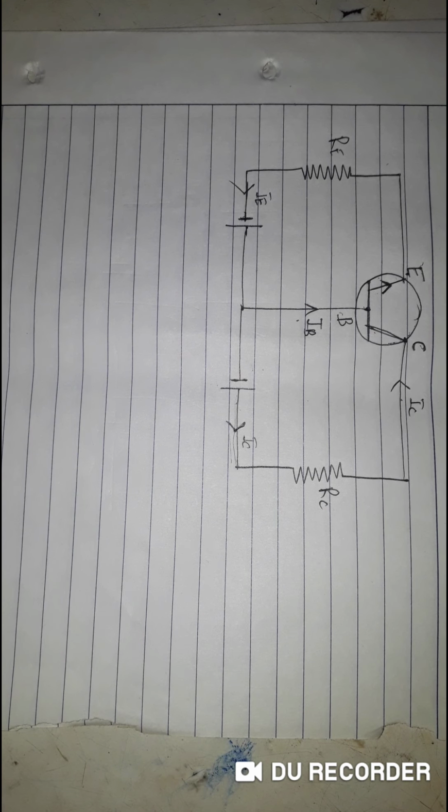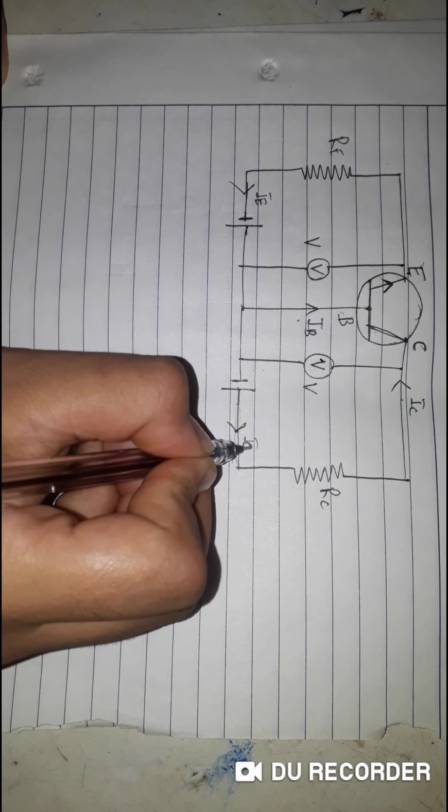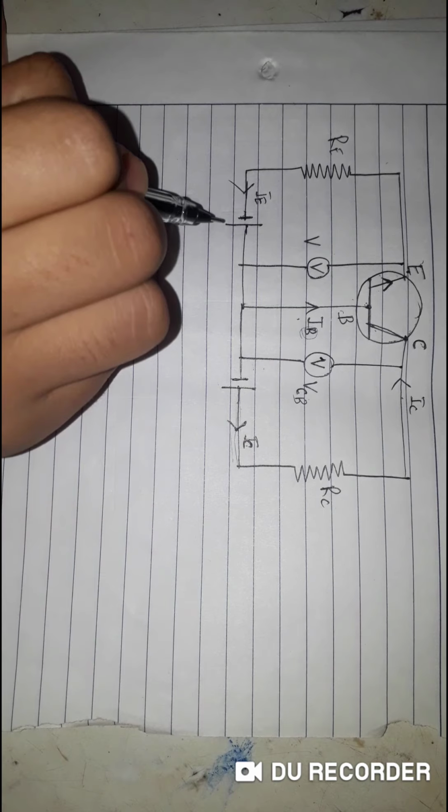Okay, now the final thing you have to do is connect something here, like this, before the resistor and before the potential. This is a voltmeter, and you'll name it like this. The thing that is connected to the positive terminal is the collector, so C is mentioned first, and then you'll write B because the negative terminal is connected to the base.